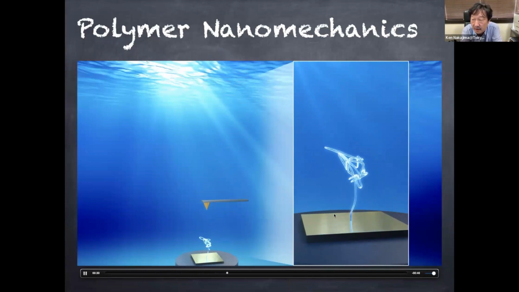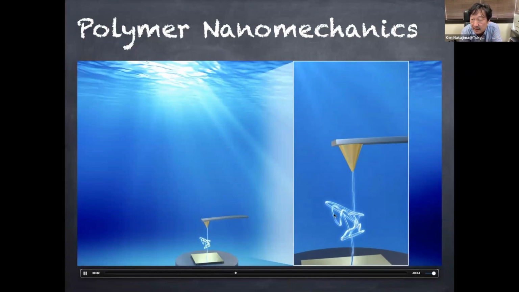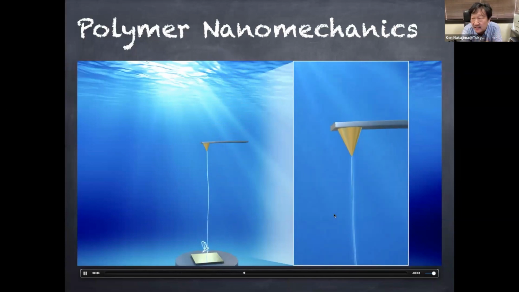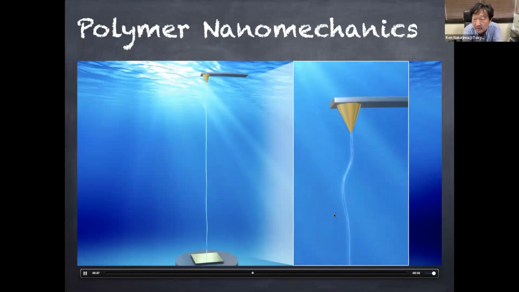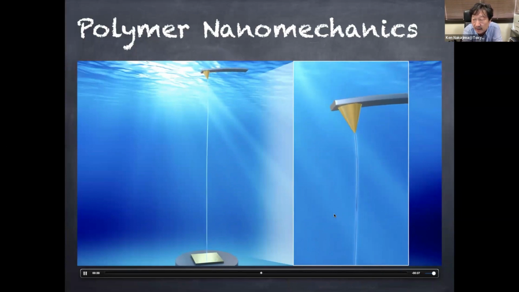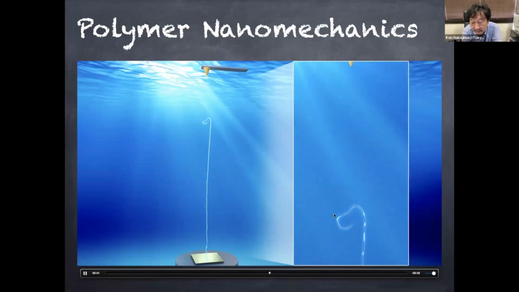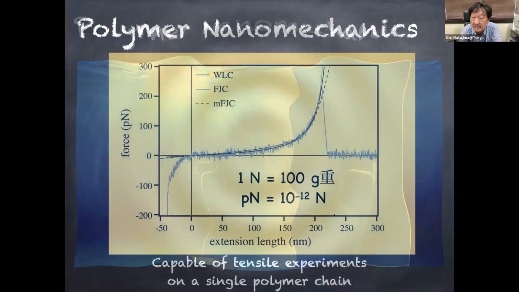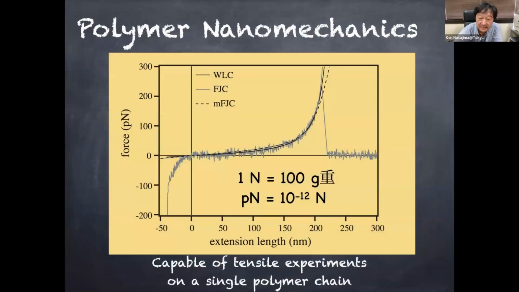Even such a small object can be accessed by this technique, and it gives not just the image, but also a kind of mechanical property measurement. Okay, and this is a result. So please look. The length scale is nanometer, and the force level is piconewton.